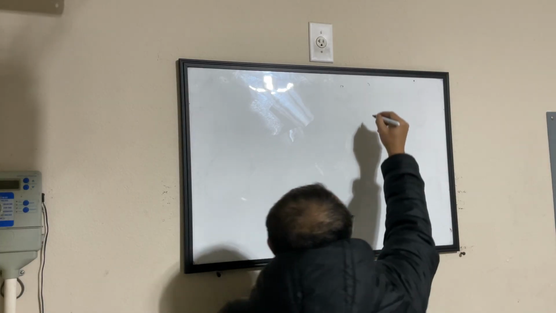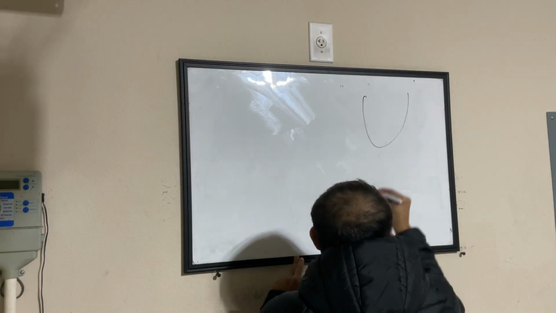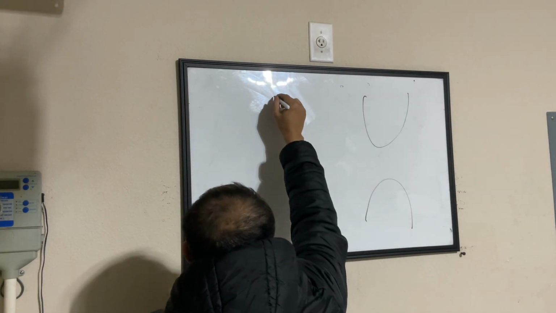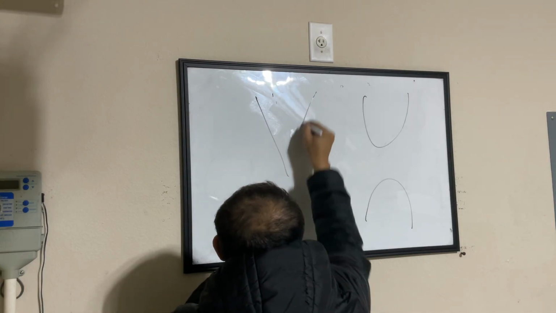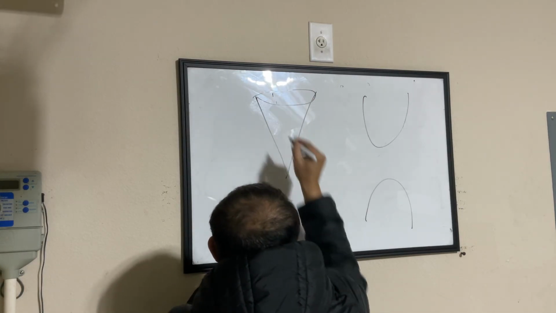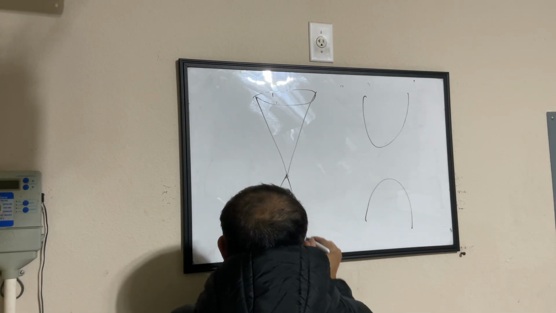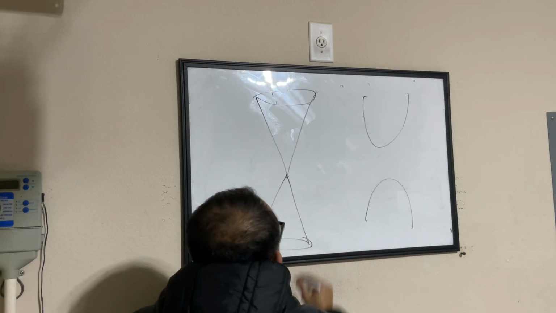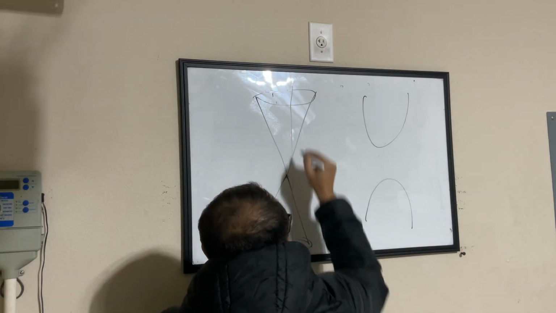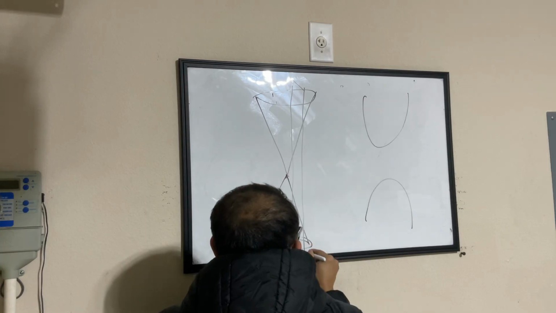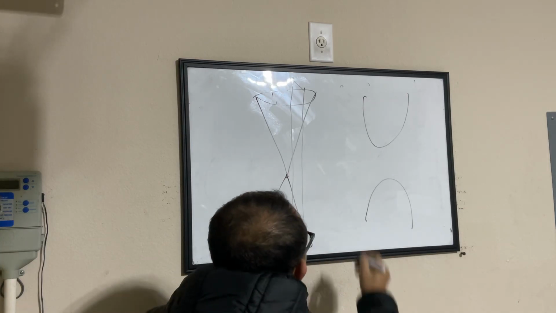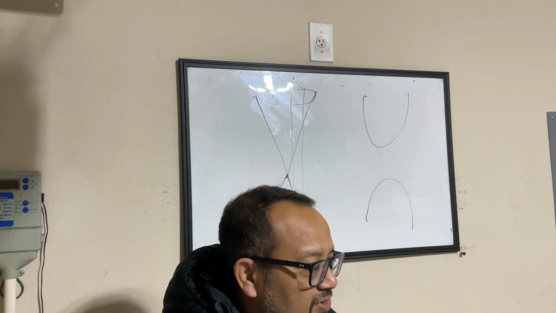Now let's look at hyperbola. And when we talk about hyperbola, the simple thing that we want to relate to is we have 2 cones sitting on each other's head, and then when you use a plane to cut, this is what you get, which is your hyperbola.